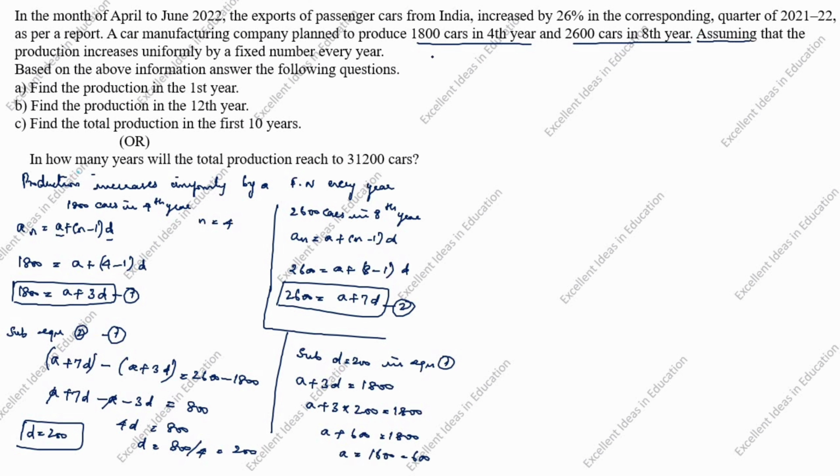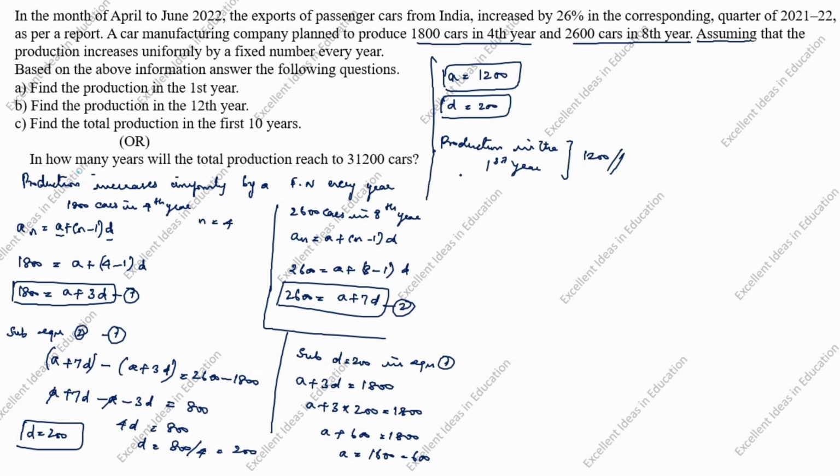So what is the a value? a is equal to 1,200. This is the answer. Now we got the a value is 1,200 and the d value is 200. Find the production in the first year. So the production in the first year is 1,200. This is the answer for the first question.